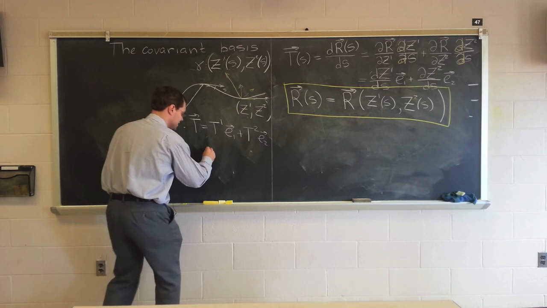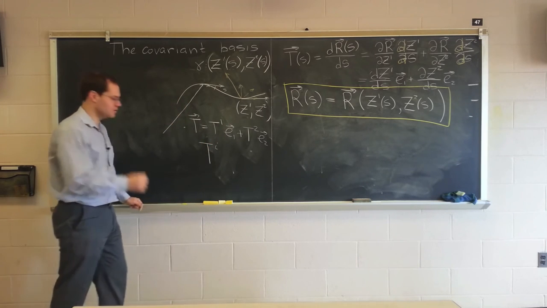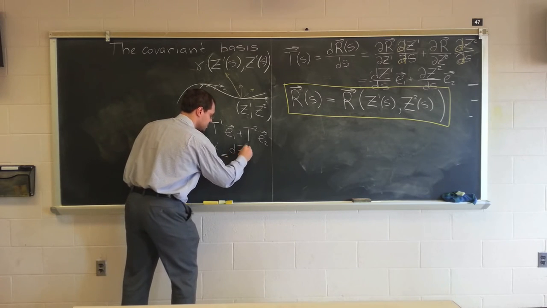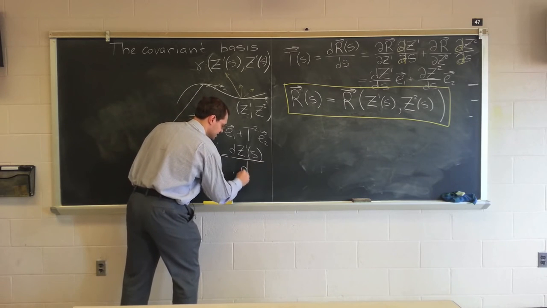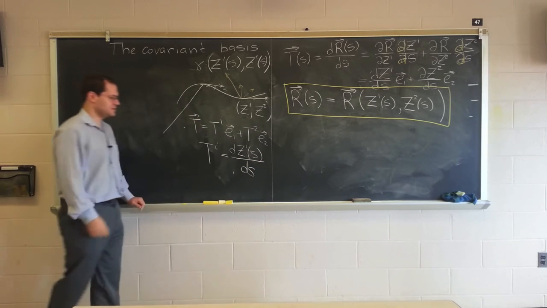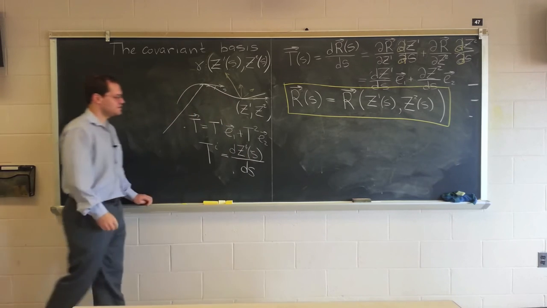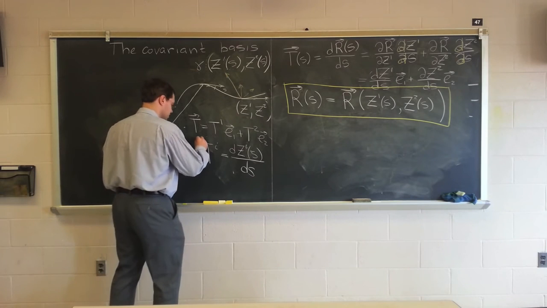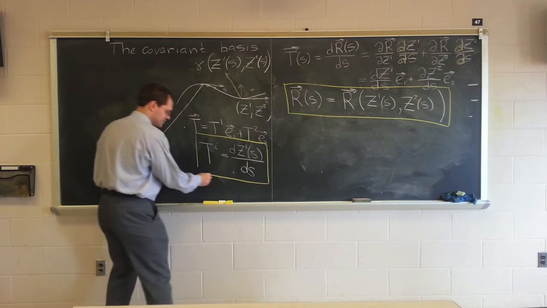So the way I will write it is that Ti, all of the components at once, equals dZi/ds, as a function of arc length. There you go. Beautiful expression. Works in all coordinate systems.